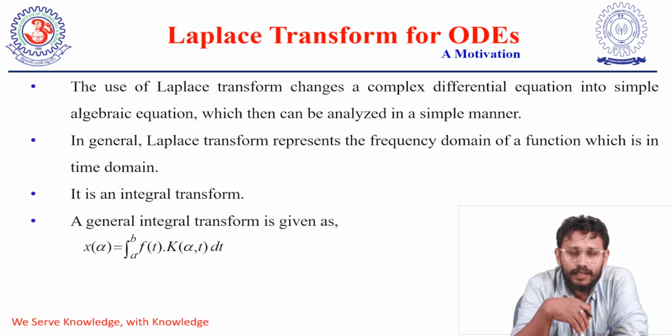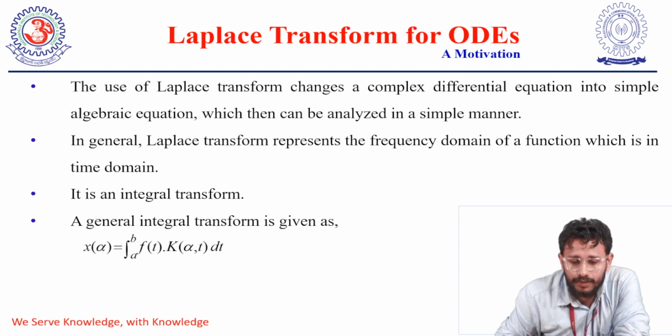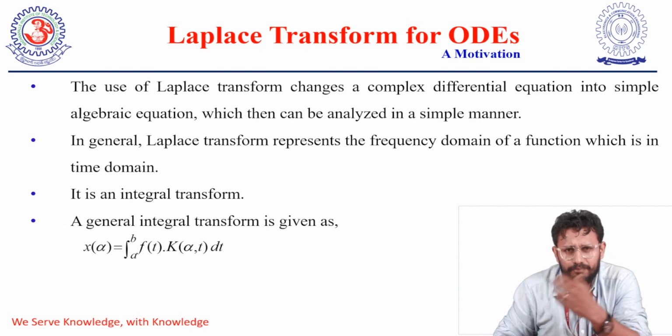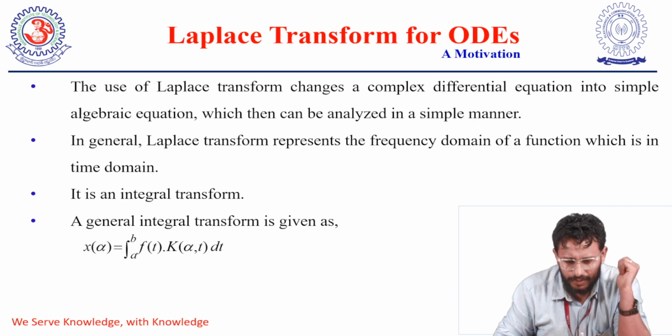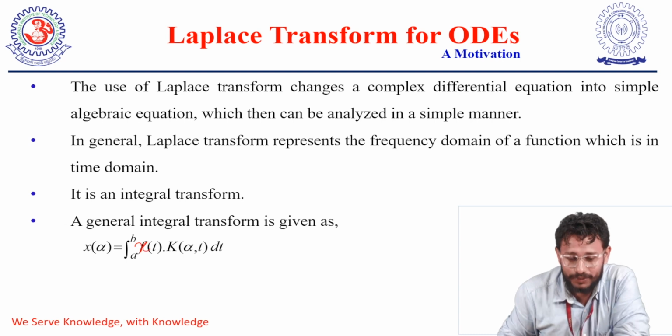When I say Laplace transform is an integral transform, what I mean is, if I show here, any general integral transform could be given as this sort, wherein this is the output, and it is in a certain alpha domain, some domain. And the input, which was f of t, rather I should have mentioned as x of t, so that it would have made more sense here.